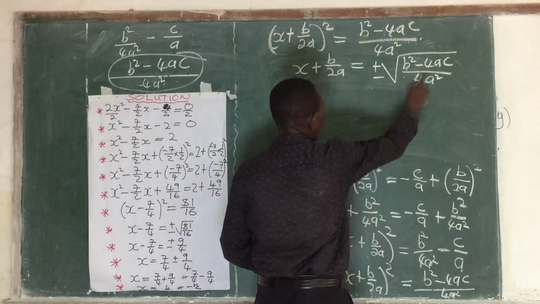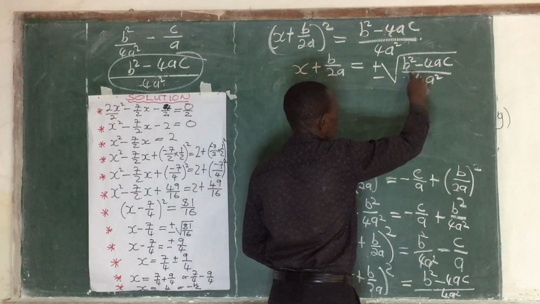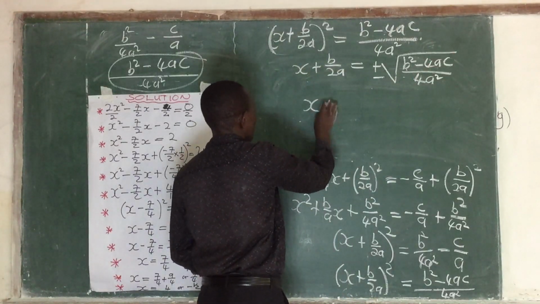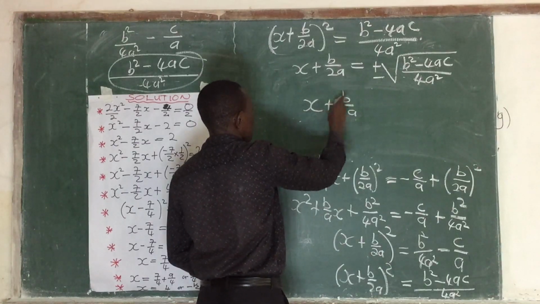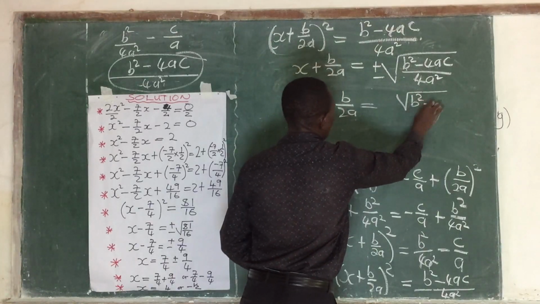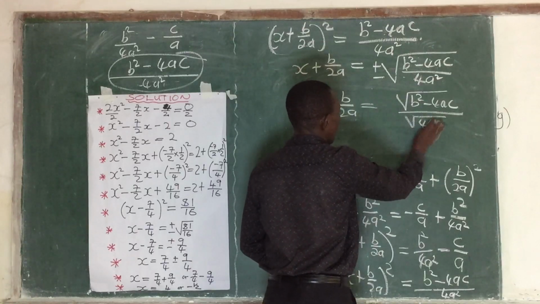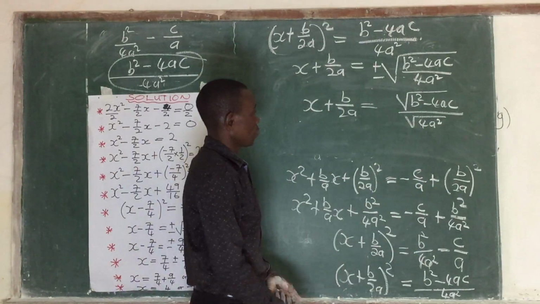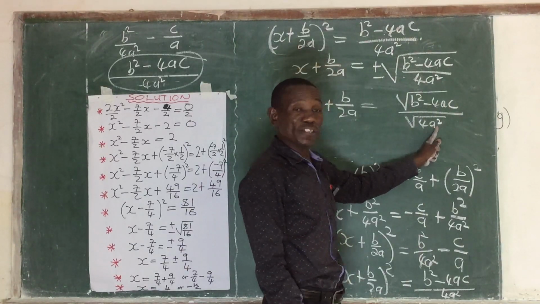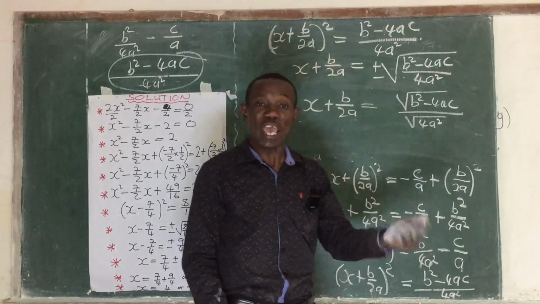If I write the root of b squared minus 4ac over 4a squared, this is the same as writing x plus b over 2a is equal to a root on top, b squared minus 4ac, over the root of 4a squared. For this one, it's not easy to take the square root, but the square root for this one is easily found. The square root of 4a squared, the answer is 2a.